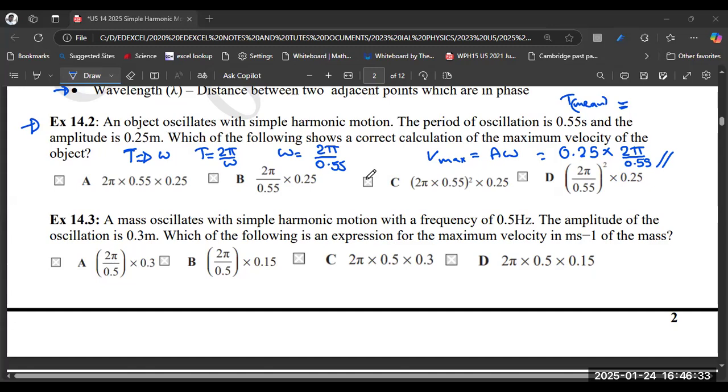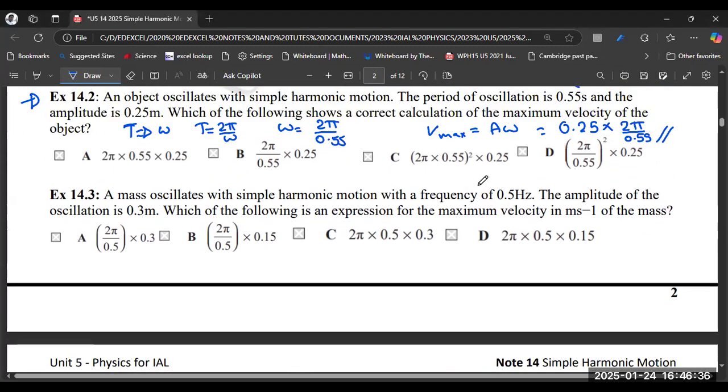Then the next question. A mass oscillates with simple harmonic motion with a frequency of 0.5 Hertz. The amplitude of the oscillation is 0.3 meters. Which of the following is an expression for the maximum velocity in meters per second of the mass? Same idea, isn't it?